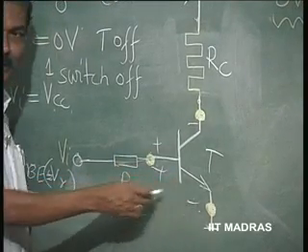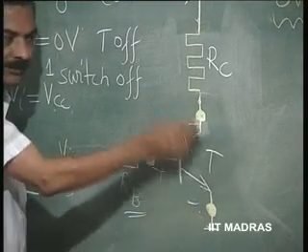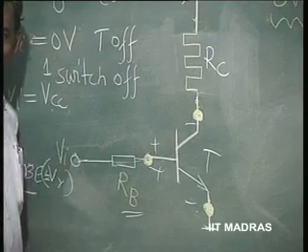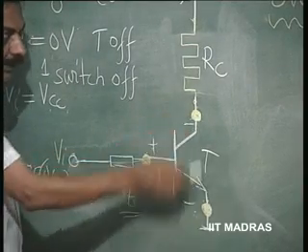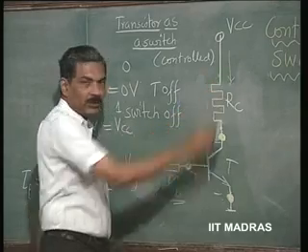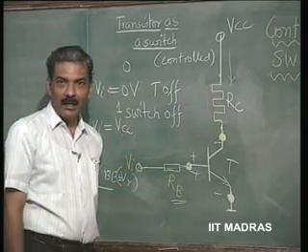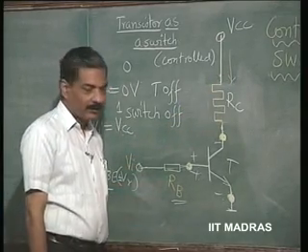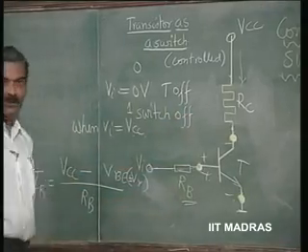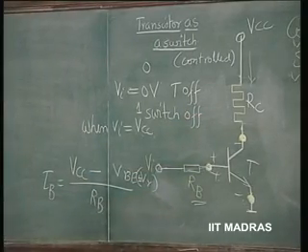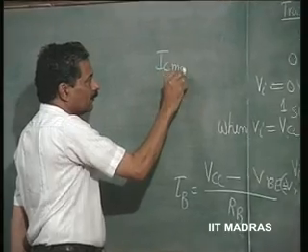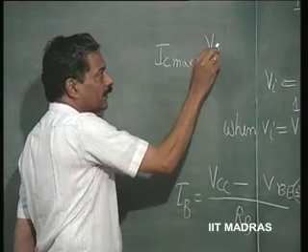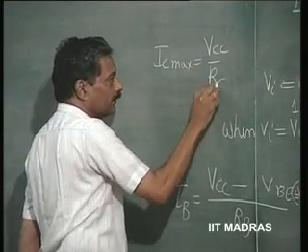Let us say this is 0.6, this is 0.6, that means this voltage is going to be 0 volts. Then the current in this is going to be VCC by RC. So, the maximum current that can flow through this is VCC by RC. So, IC max corresponds to VCC divided by RC.